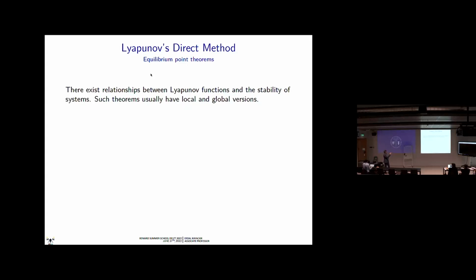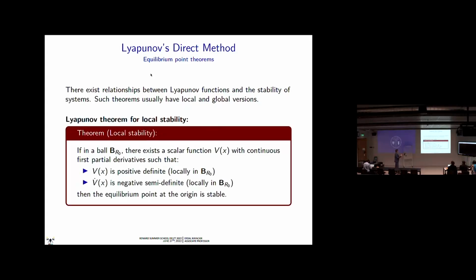Such theorems have local and global versions. So you can make comments about the local stability, global stability. There are slight changes in these theorems. I will show you one by one. So I will show you one theorem, local stability. Okay, this looks complex, but it's not. It's so easy.